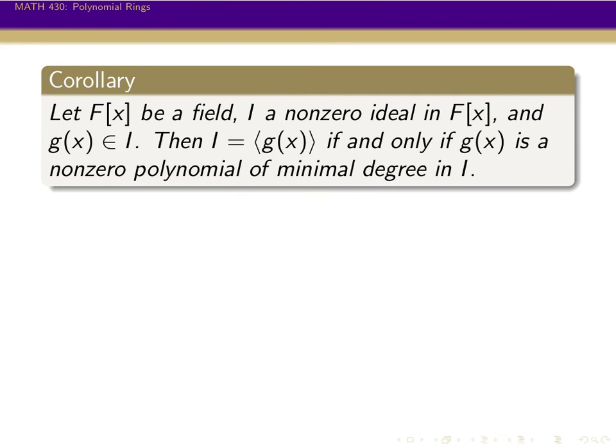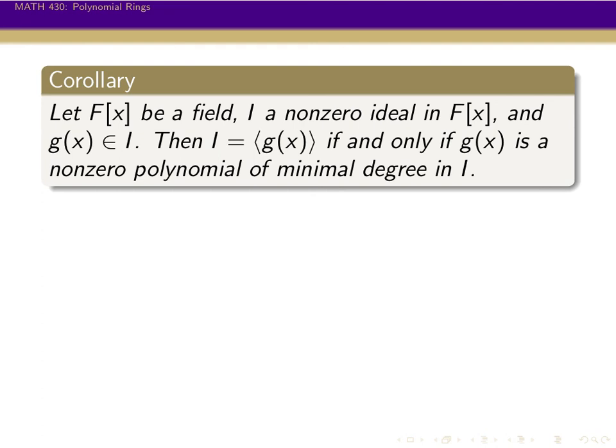Okay, and then looking at how we prove this, we actually proved a bit more, and so we'll write that bit more in the corollary. If we have some non-zero ideal in our polynomial ring, then we take any non-zero polynomial of minimal degree in there, and I is going to be generated by that polynomial of minimal degree.